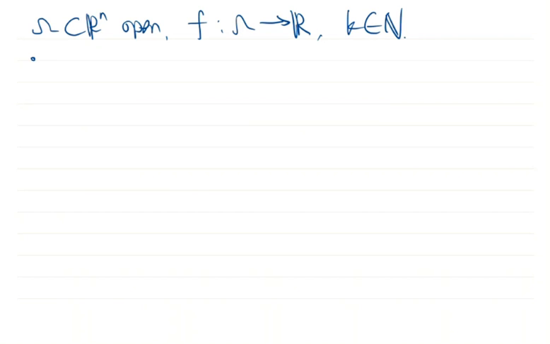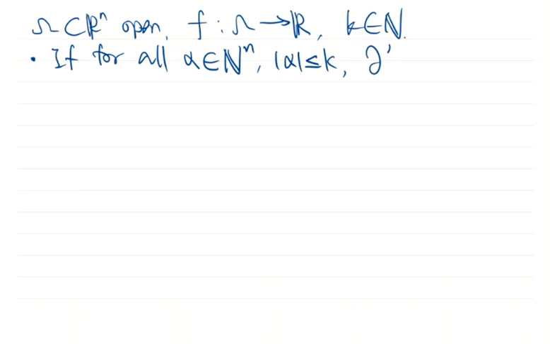So if for all alpha whose length is not greater than k, the alpha order derivative as a function in omega exists and is continuous.